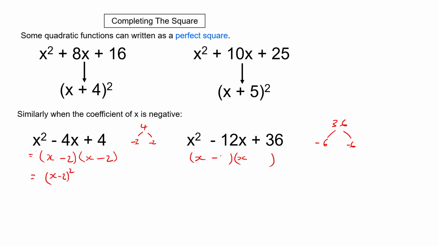So x minus 6 and x minus 6, which means our perfect square is x minus 6 squared. So write these examples down, example 3 and example 4. Hit pause. When you're ready, hit play again and move on.